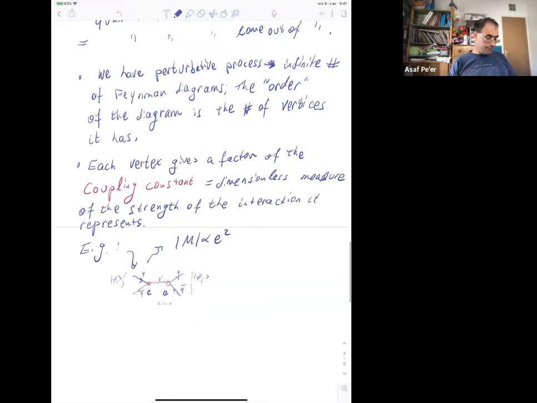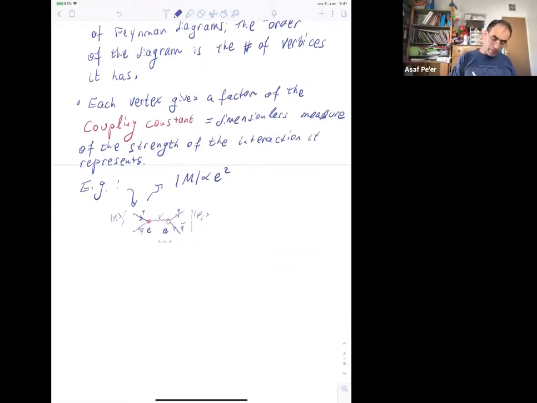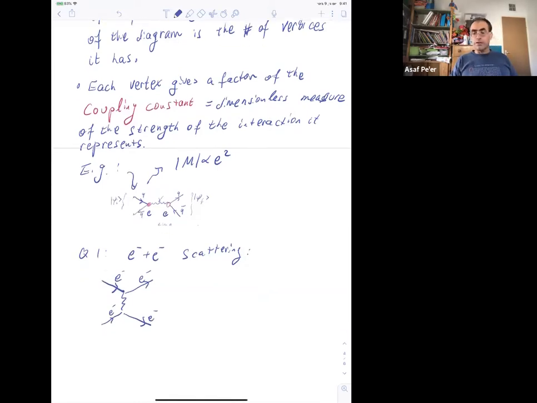then let's go for a question. So let's start with a simple question. Question number one. Consider the two diagrams for the scattering of e minus plus e minus. One would be e minus coming, e minus going, exchanging a photon. And this is, of course, an electromagnetic scattering representing scattering between two electrons.